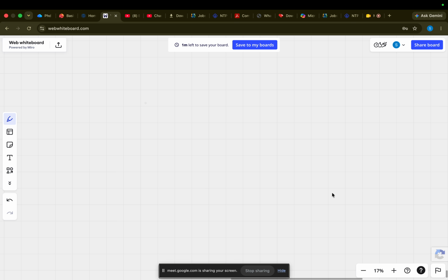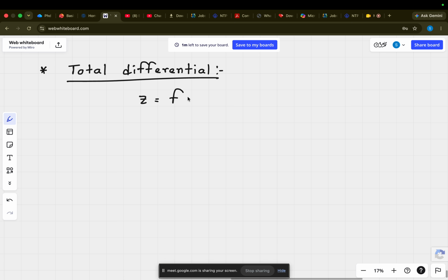Okay, so today we will start. Write down total differential. Similarly, suppose z is a function of x and y.